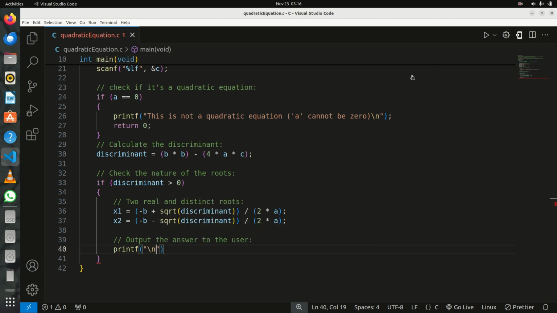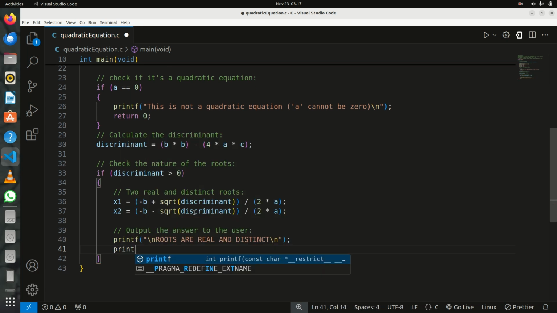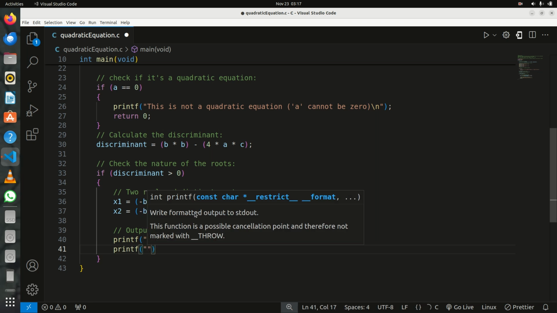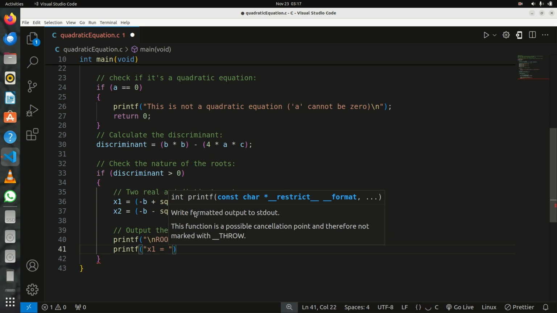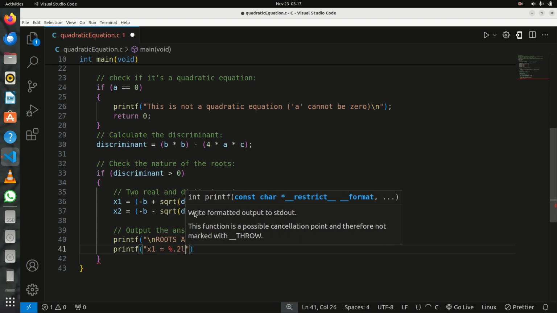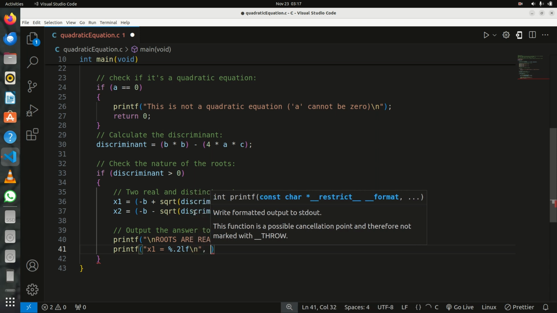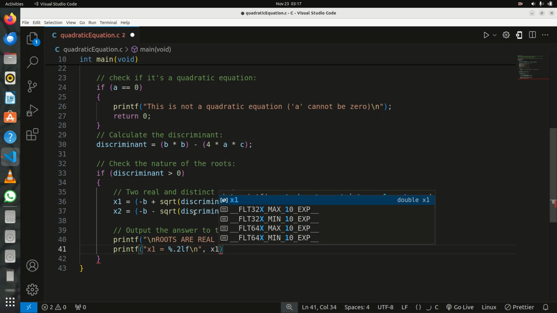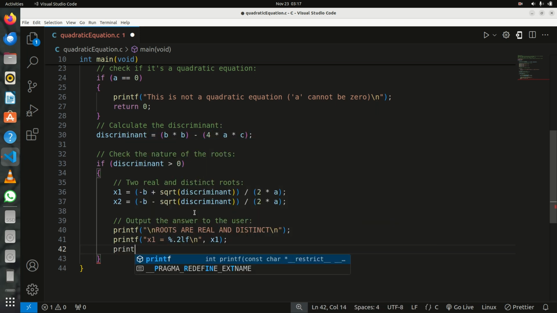So we're going to say that roots are real and they are distinct. So print out the roots to the user, x1 and the other root.